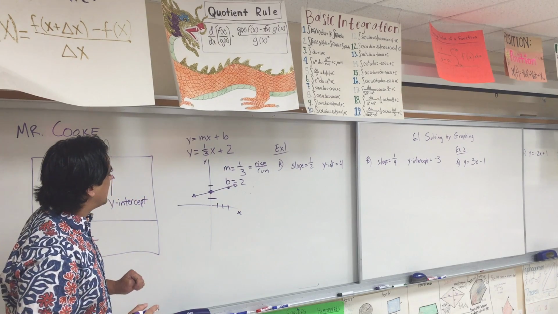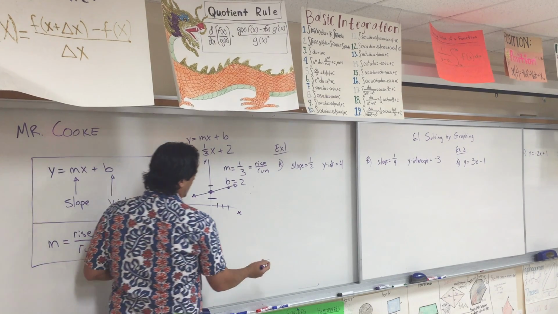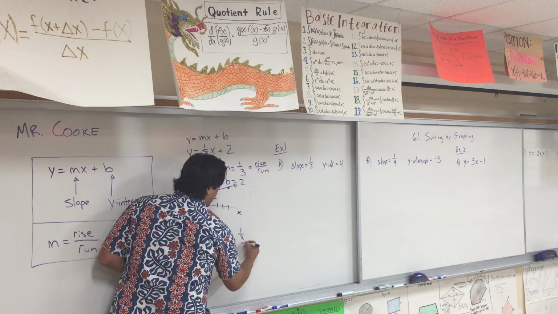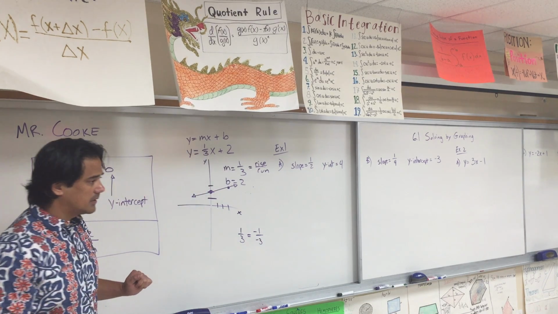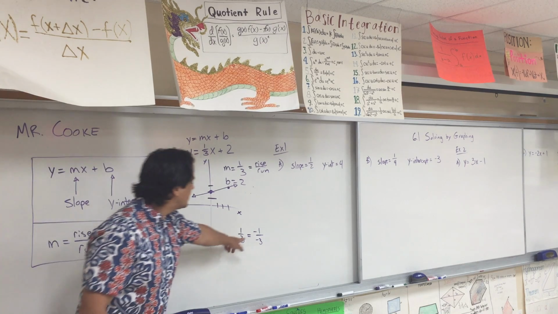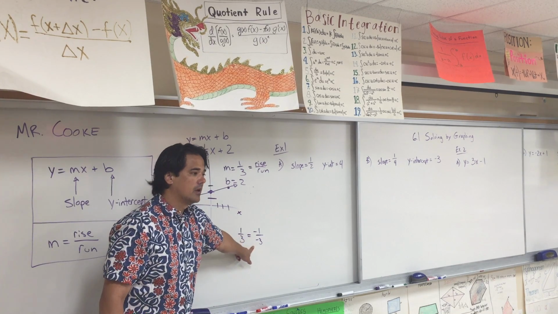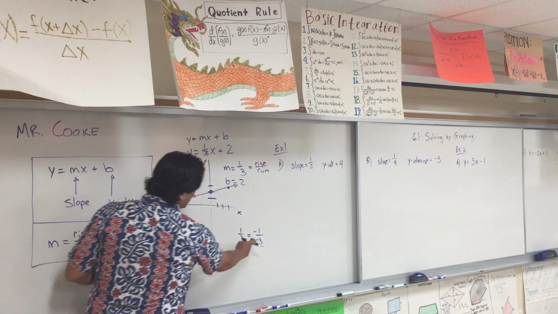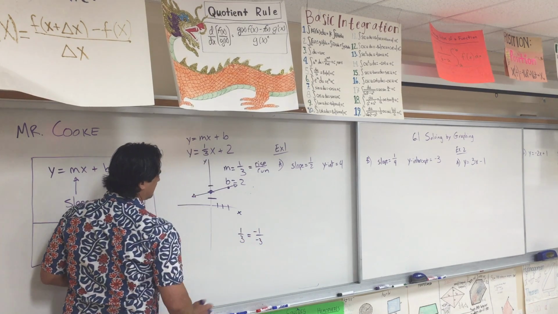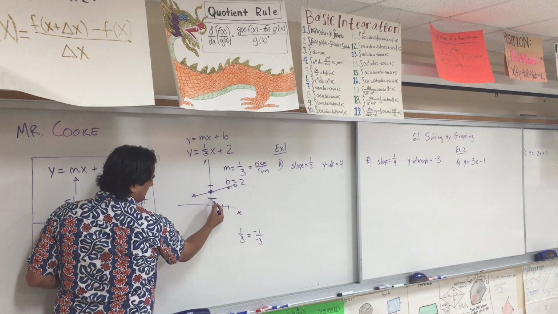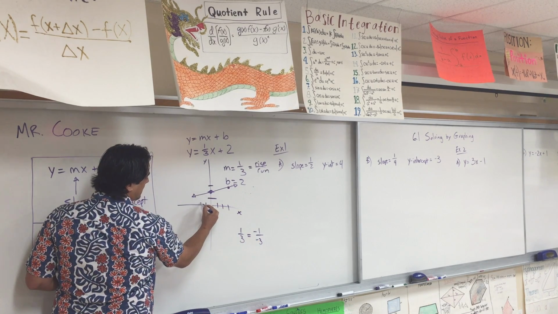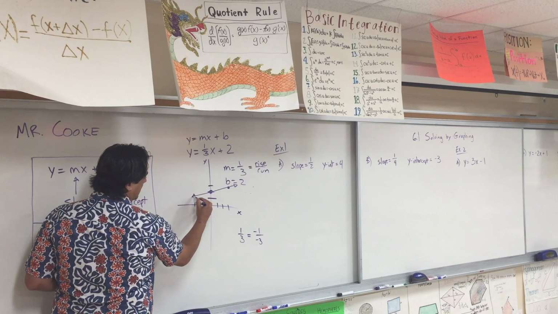Now, if we wanted to make a third point, is 1/3 the same as -1 over -3? It is, right? Because negative over negative gives us positive. So if I was thinking of it as -1 over -3, my rise would be down 1 to the left 3.